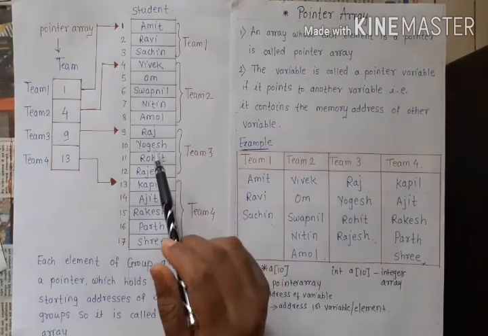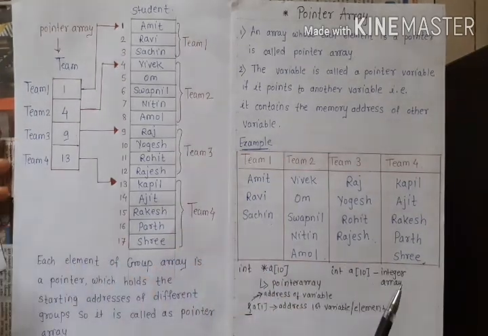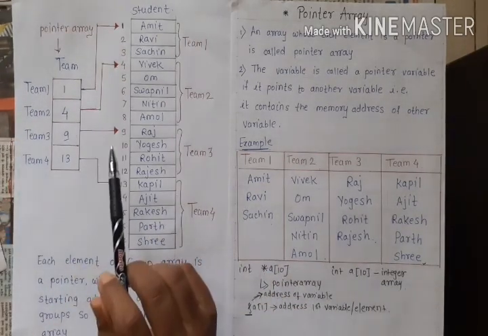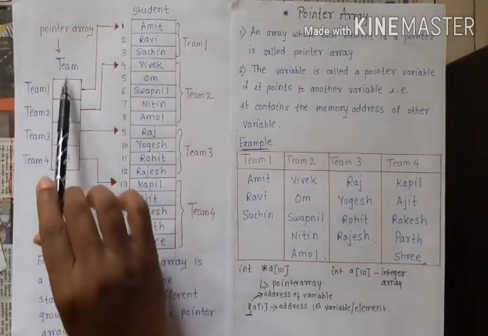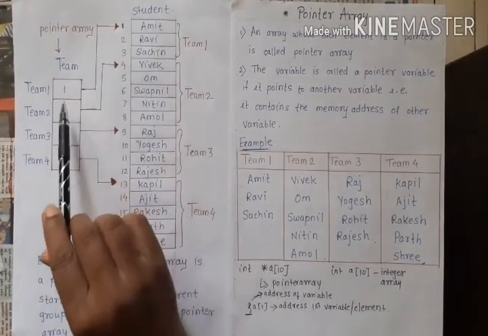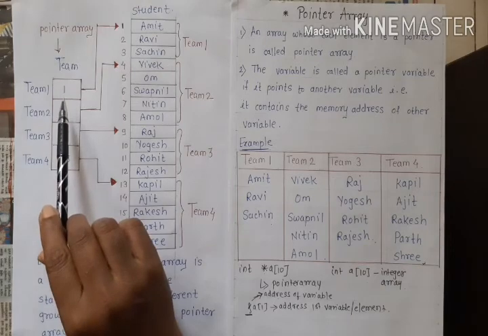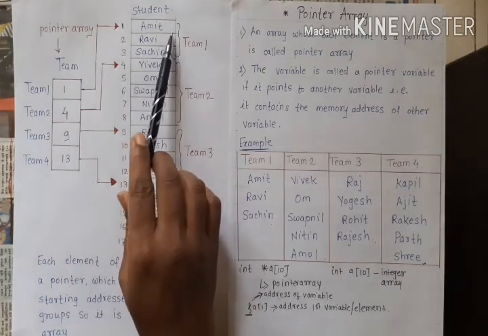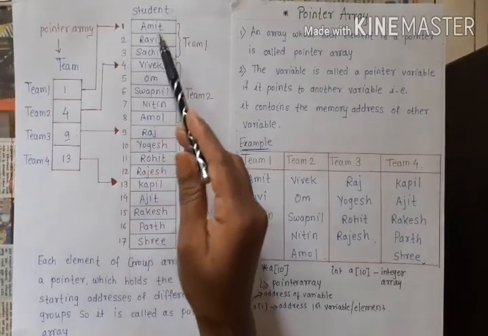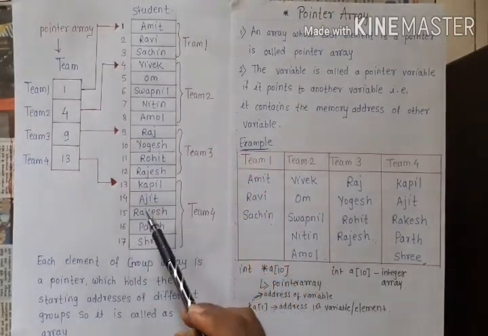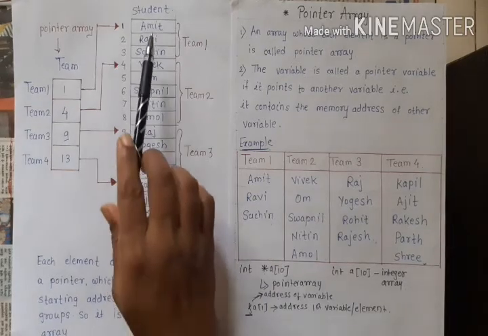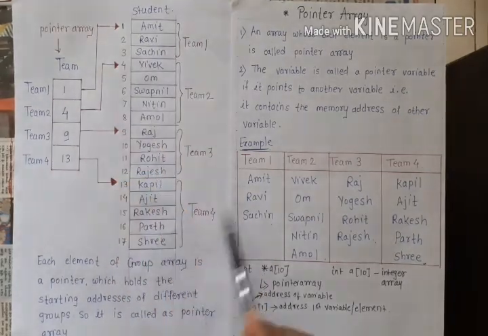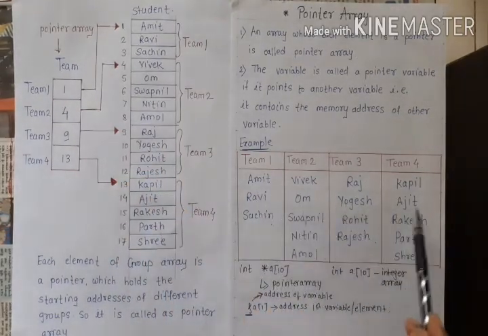Now see how to display the pointer array. Consider two arrays, A and B. Give the first array the name team, and the second array the name student. In the student array, store every student name, which are divided into 4 teams.